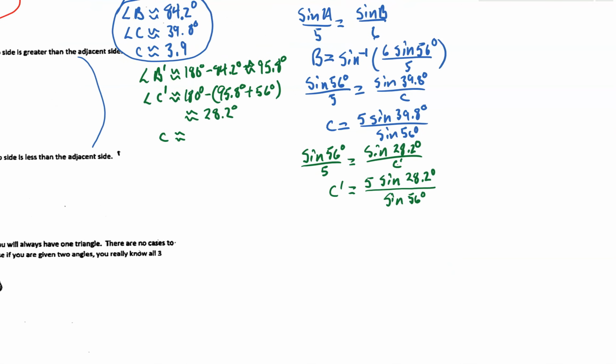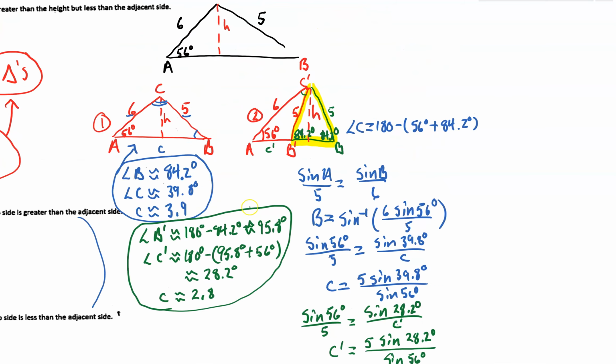And then we're going to calculate that one out, and what we should find when we calculate it out is that our C prime for this particular one is approximately 2.8. This would be the solving of that triangle.